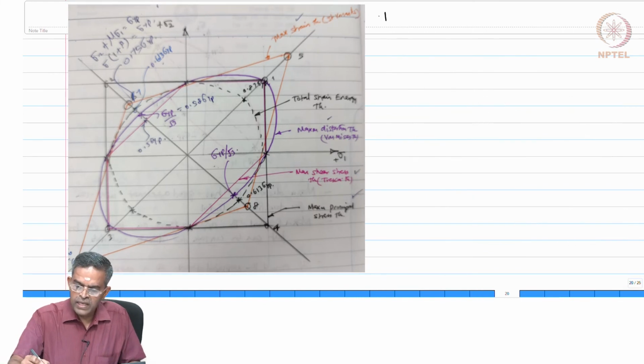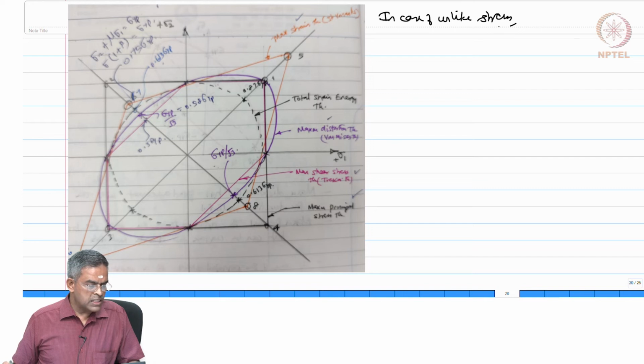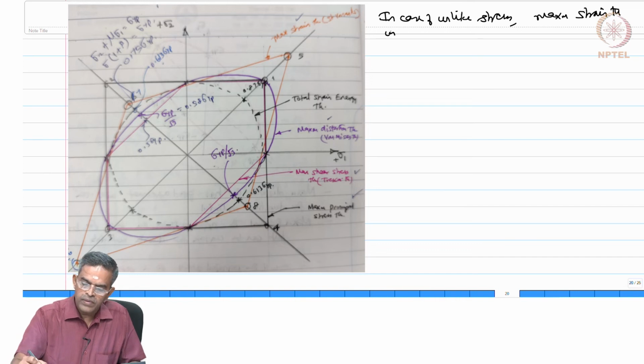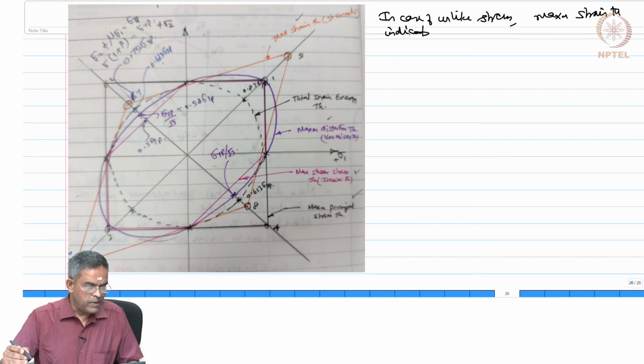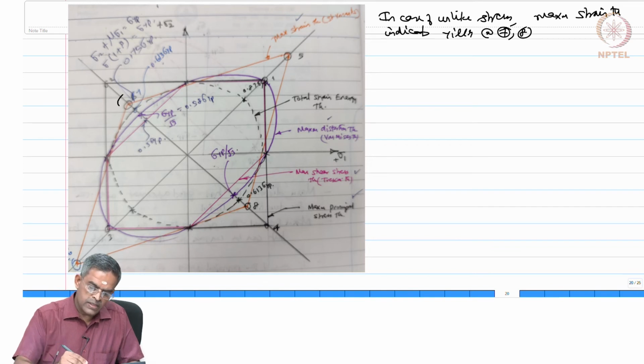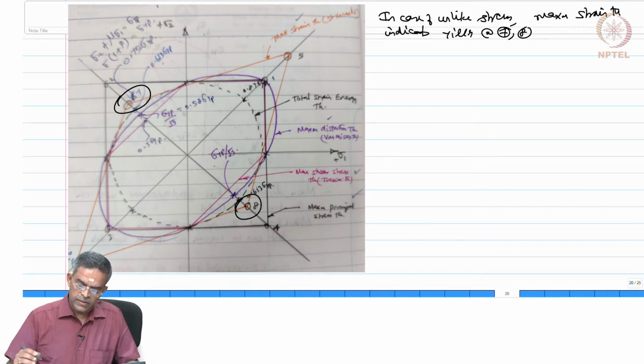In case of unlike stresses, maximum strain theory indicates yielding at points 7 and 8. 7 is here and 8 is here.